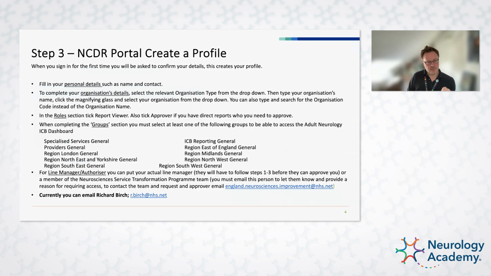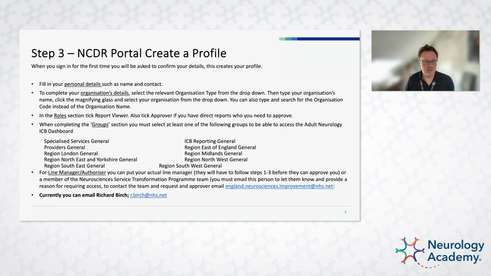Once you've registered, the first time you log into the NCDR, and I apologise, this is a very wordy slide, you do have to add some details. You have to create a profile that includes something about you, about your organisation, what roles you've got, and you need to select some of the groups that you're interested in.